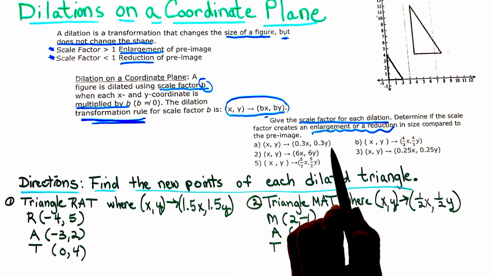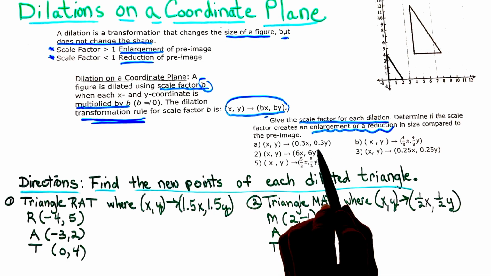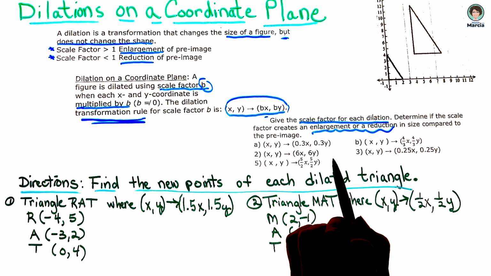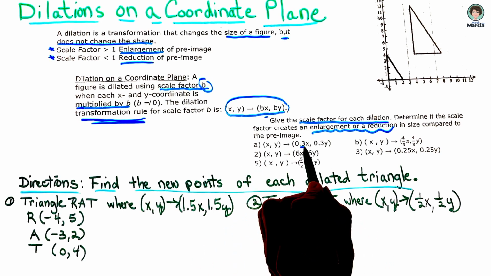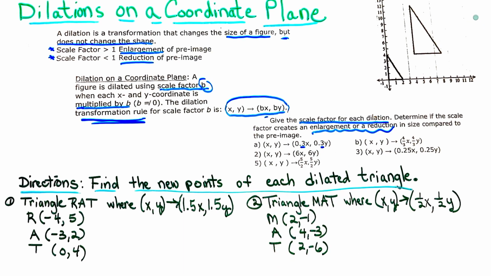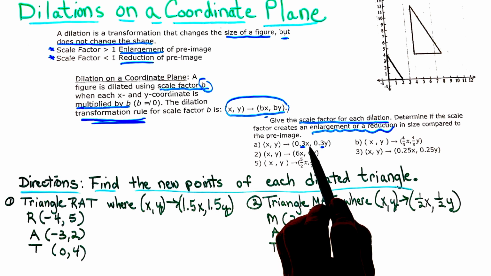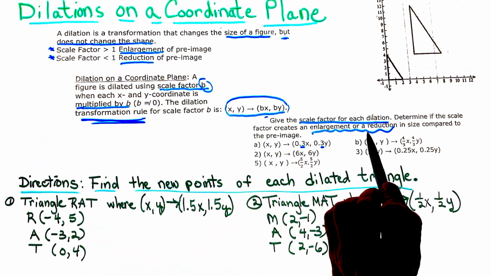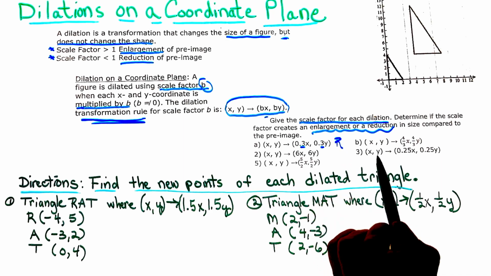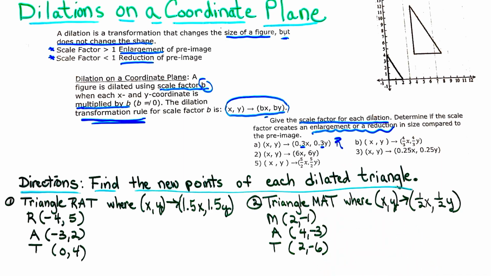This is our new dimensions for our shape that we have. So when I'm looking at this, we can see our scale factor, I'm just going to underline it right there, is 3/10. So when we look at 3/10 and we know it is less than 1, we do know that that is a reduction. And I'm just going to put an R there.